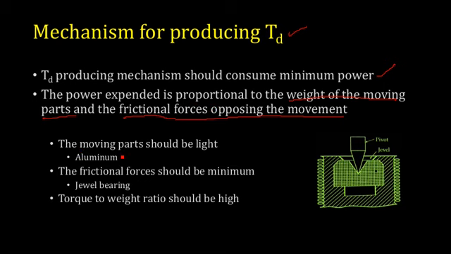So what we can do is make the moving parts light by using aluminum as the material of the moving part, and also you can use jewel bearing. Jewel bearing in the sense you'll have a pivot, and the pointer is attached to this pivot. This shaft will be pivoted like this.